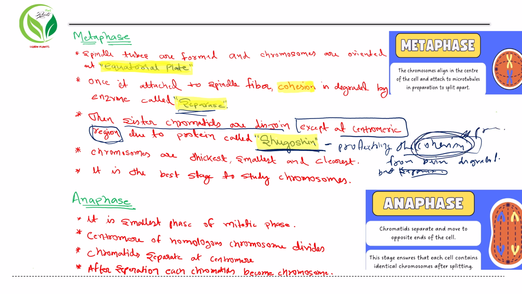This protein protects the centromeric region from degradation. The centromeric region is not degrading and not separating. Why is it not separating? Because here you can see the centromeric region is not separated.